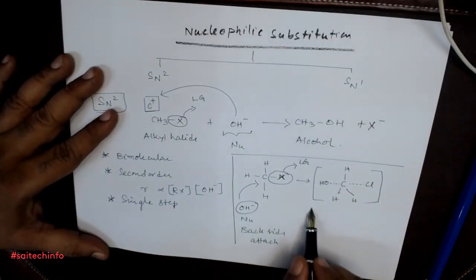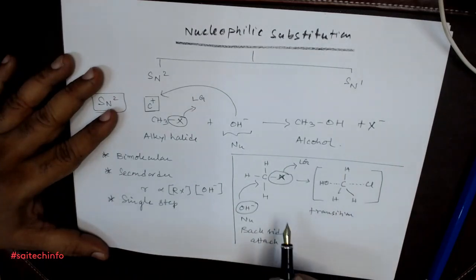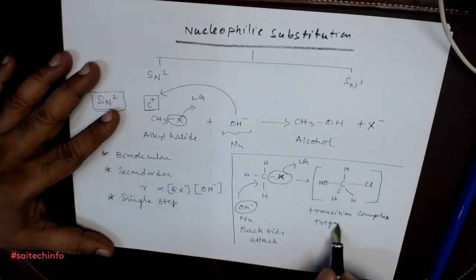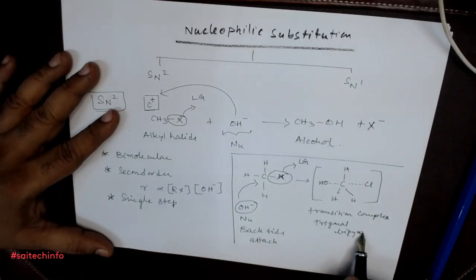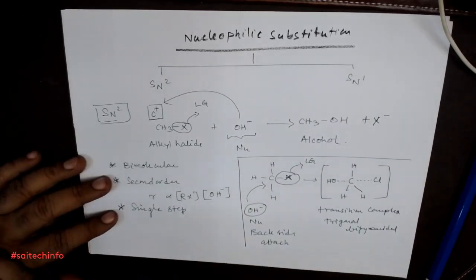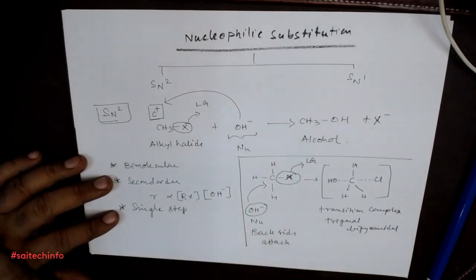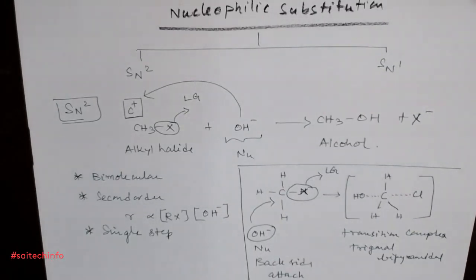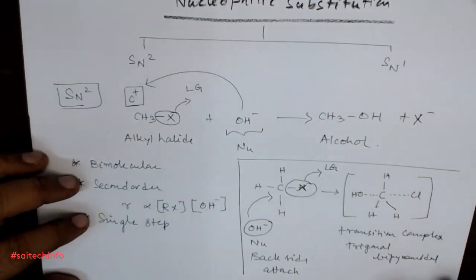A transition complex is formed, and its structure is trigonal bipyramidal.